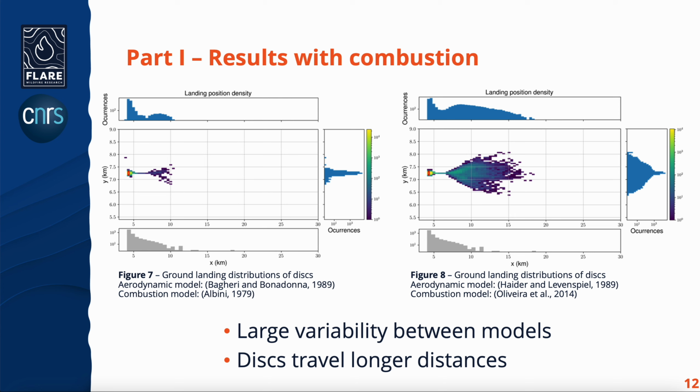But of course, we also observe some very marked differences. So this is for disk firebrands, so results for firebrands with a disk shape, using different aerodynamic and combustion models. And so you see that there's some differences in terms of the ground landing distributions obtained with two different models.